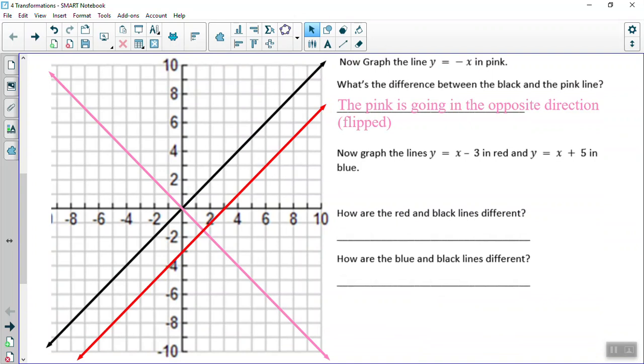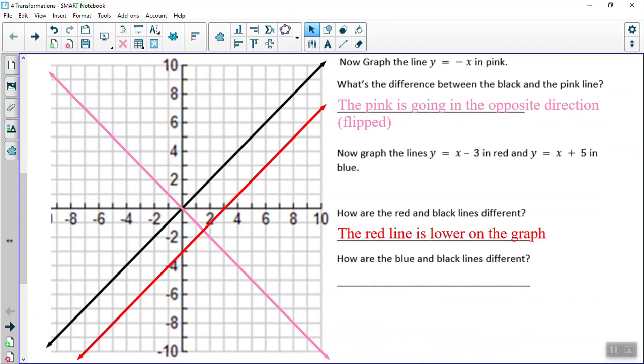I can keep doing that. Okay, so how is the red line different from the black line? Well, we're going to notice that they're parallel, which means they have the same slope. This has a positive 1 slope, and my parent function has a positive 1 slope. But what happened? It looks like that line just sits lower on the graph. The red line is lower on the graph.